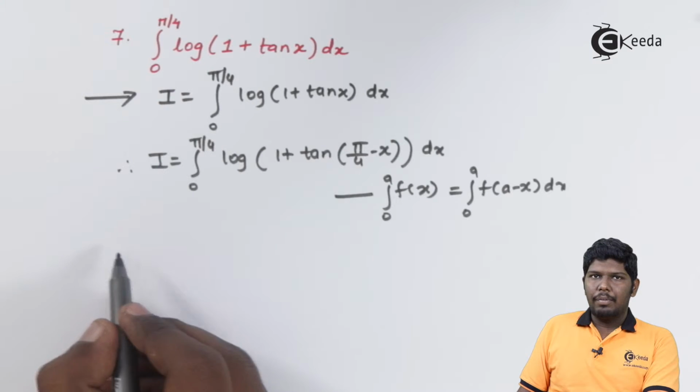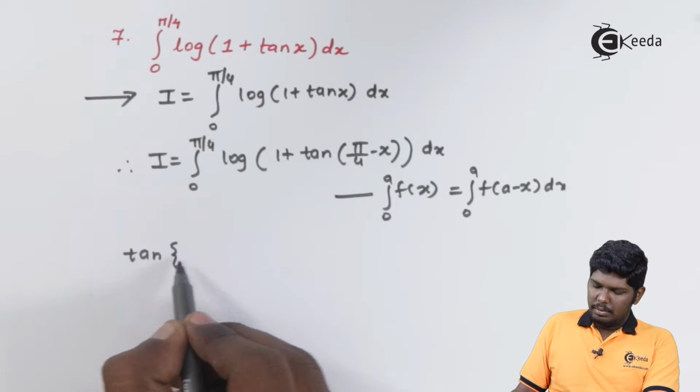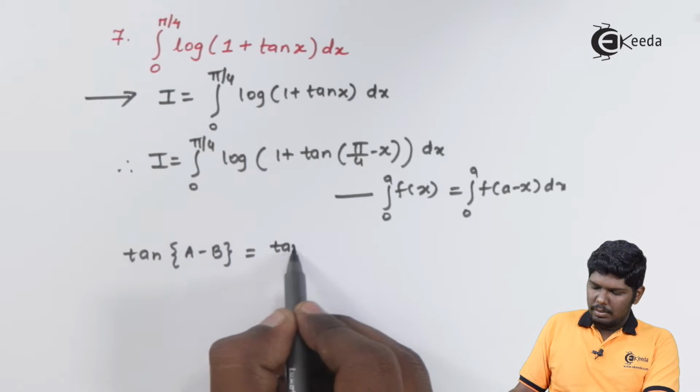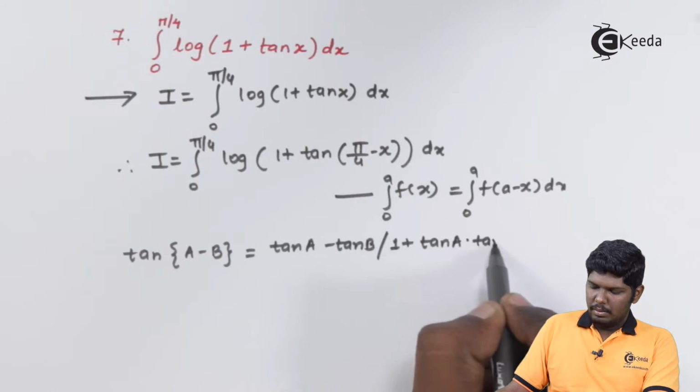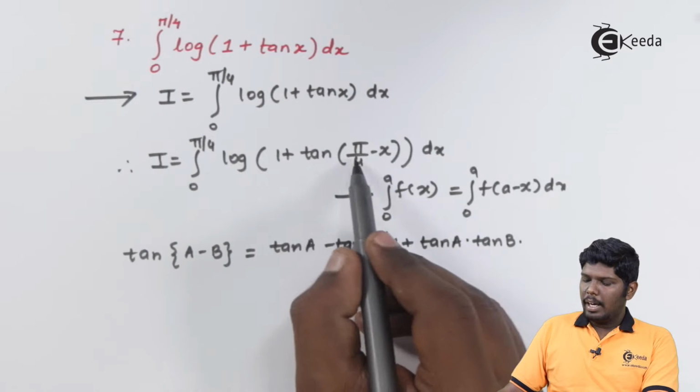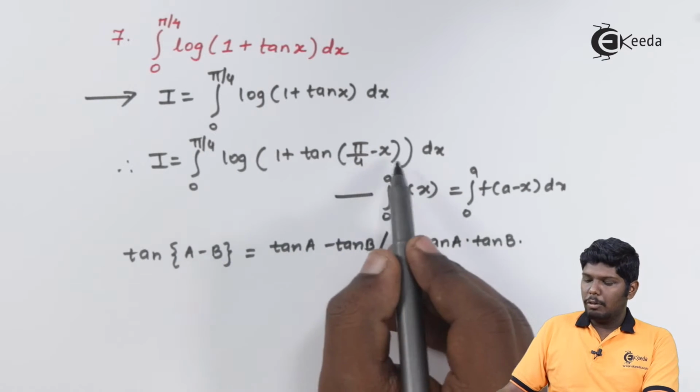Let us write that formula first. Here you can see the value of a is pi by 4 and the value of b is x.